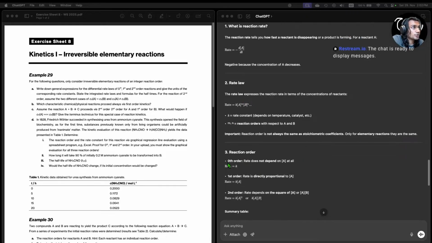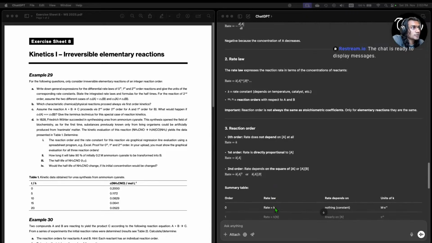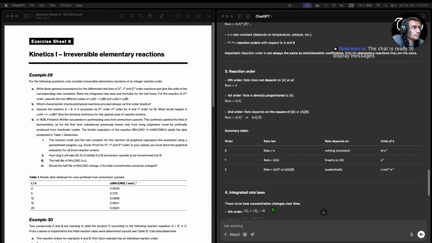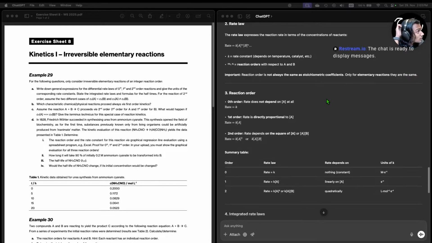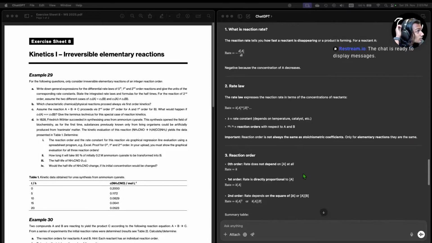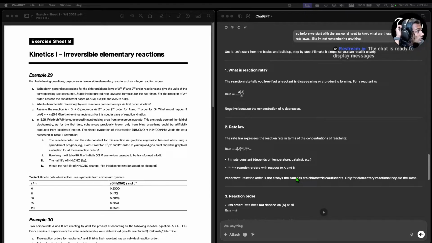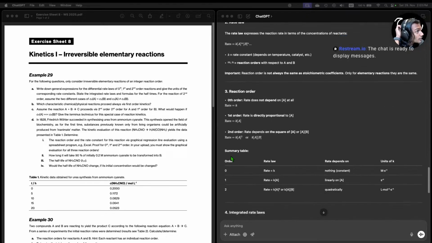Reaction order. Zeroth order: rate does not depend on A at all. First order: rate is directly proportional to A. Second order: rate depends on the square of A. Okay, so can I get an example? Depending on the rate order, the unit of the rate constant changes.